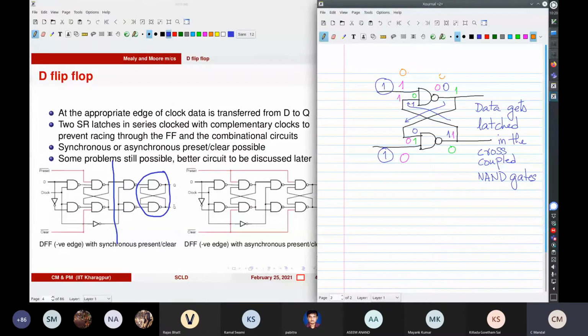So now it is 0 here and a 1 here. Earlier we considered 1 and 0. Now we are considering 0 and 1. You had a 0 here, apply a 1 here, and suppose its earlier state was 0 as before. Now this 0 forces this output to go from 0 to 1.